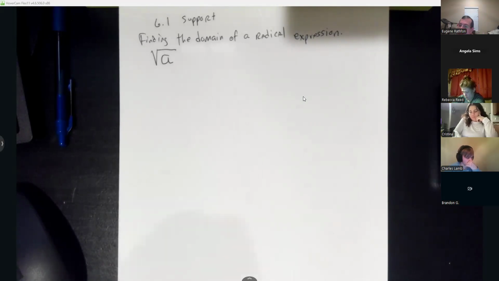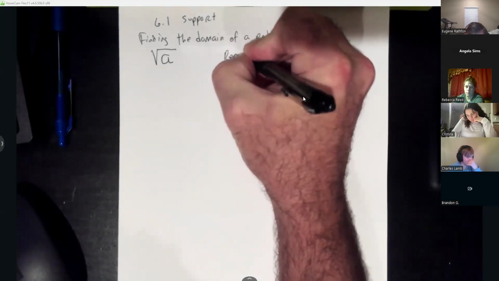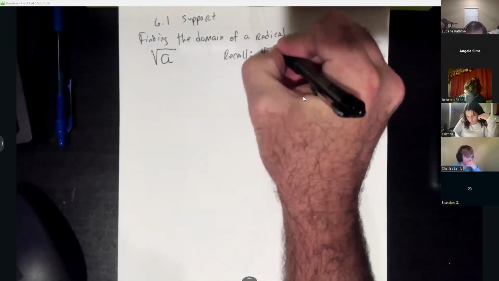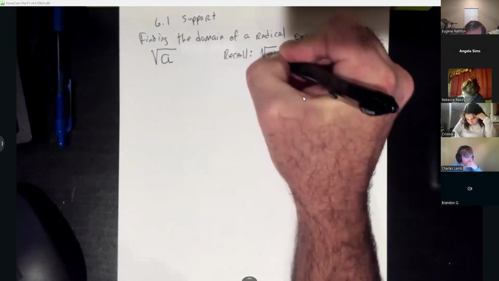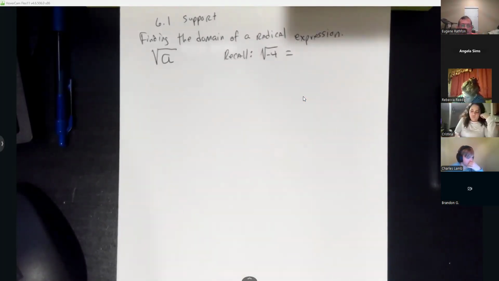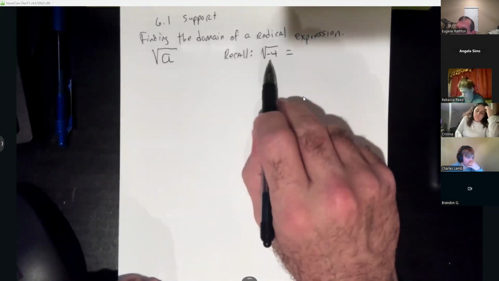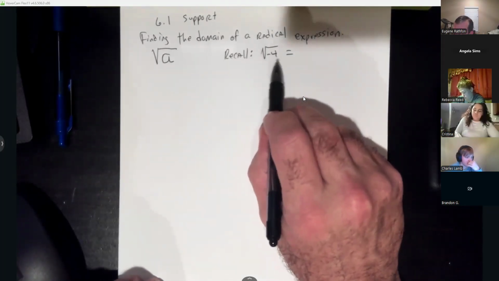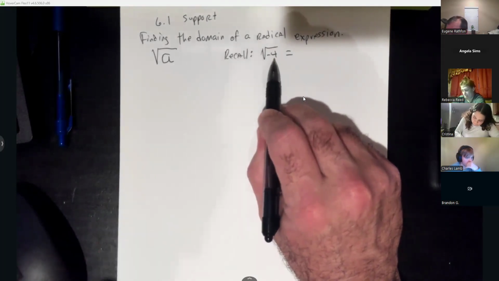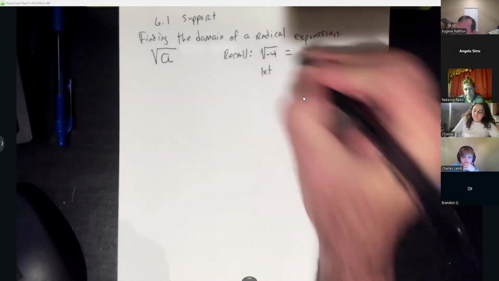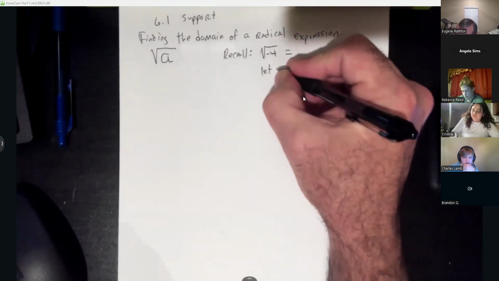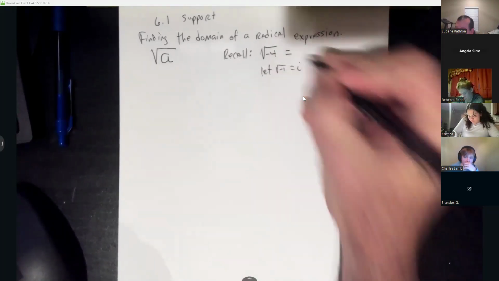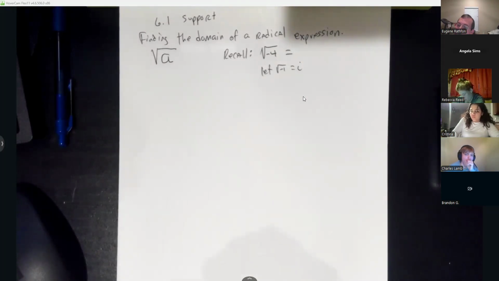Now, when you try to take square roots of negative numbers, you get imaginary answers. So y'all recall this. If you try to take the square root of a negative 4, we're not able to do that because like signs are always positive. So what they said was, we're going to let square root of negative 1 equal i.